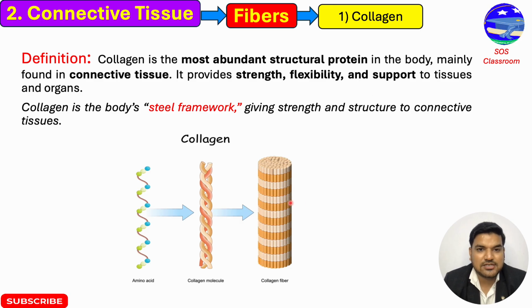Collagen is the most abundant structural protein, because collagen is present in a large amount in the matrix. Mainly found in the connective tissue, it provides strength, flexibility, and support to the tissues and organs. So collagen fibers are also called a steel framework because they provide strength to the tissue, flexibility to the tissue, and support to the organs.